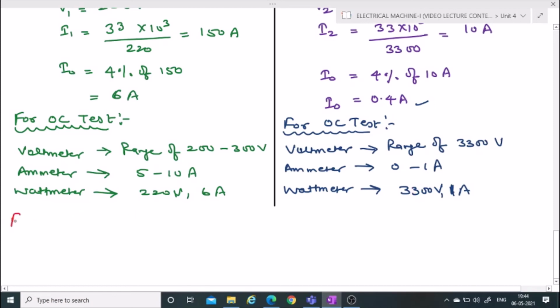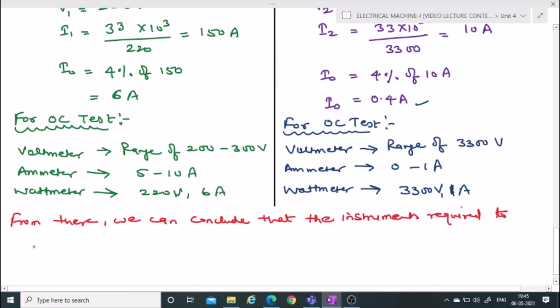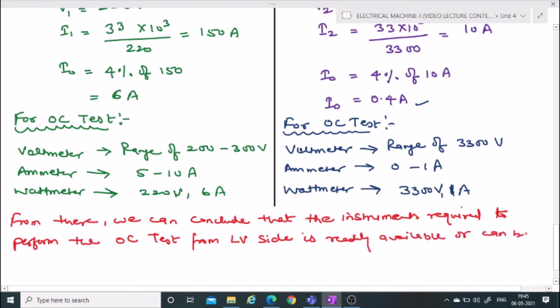So from these we can conclude that the instruments required to perform the OC test from the low voltage side are readily available or can be managed easily as compared to high voltage side instruments.